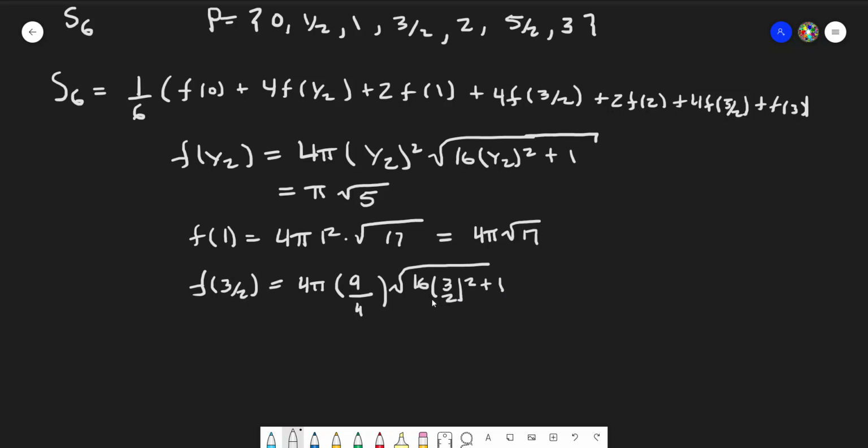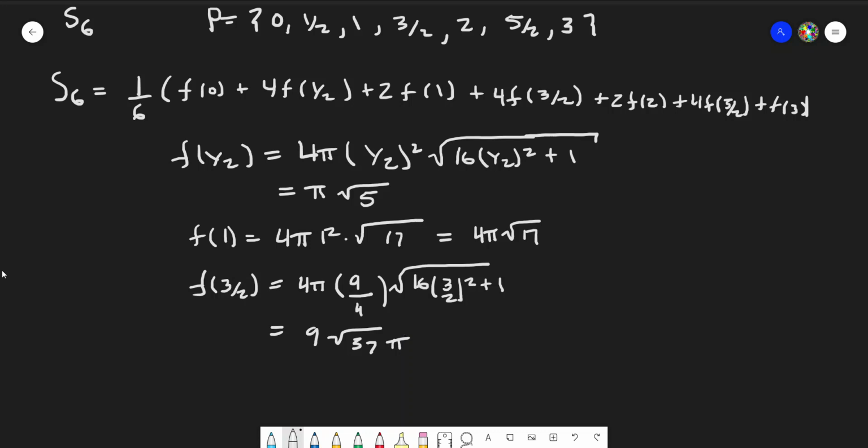So here that gives you 4 times 3, so that's 12, and 12 times 3 is 36, plus 1 is 37. So it gives you 9 and then the square root of 37, and there's a pi there. So you can see that the pi is a constant in reality, and that you're going to multiply everything by 1/6 after you finish.